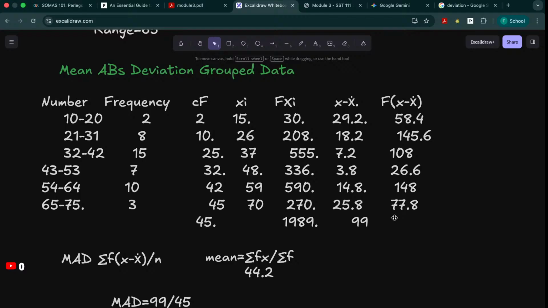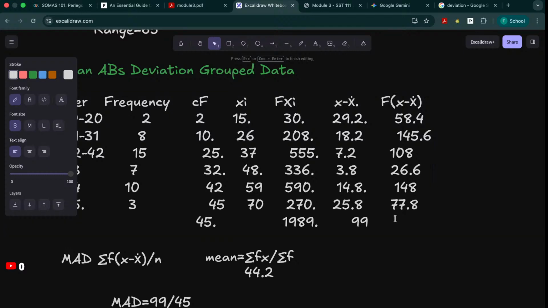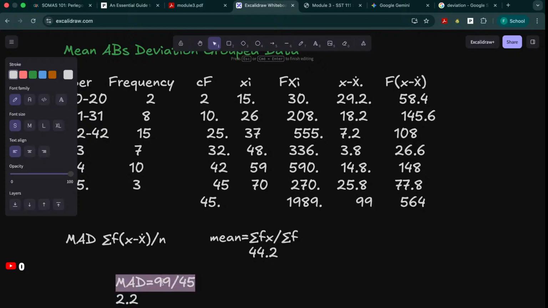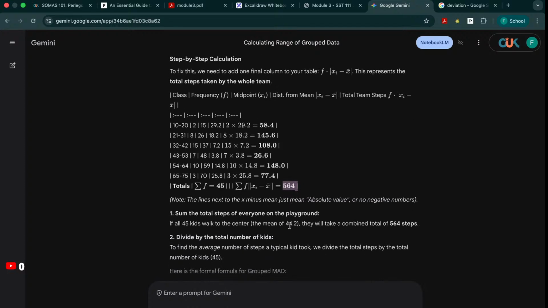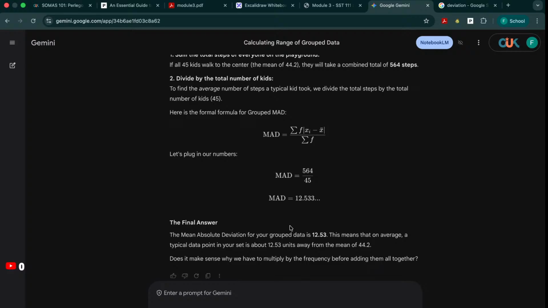So we should get 564, which we should have as 564 divided by 45. And the answer should be 12.53. Yep, that is okay.